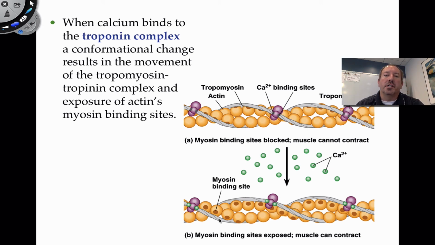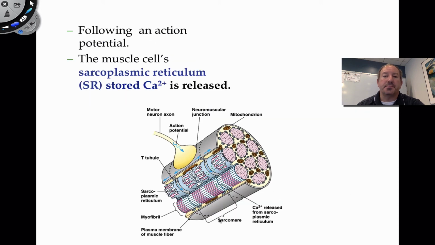So this troponin-tropomyosin complex regulates muscle contraction with the help of calcium. And so how do you know to release calcium? I won't get into the detail of this, but I'll just simply state it. If you want your muscle to contract, a neuron sends a nerve impulse, which is referred to as an action potential.